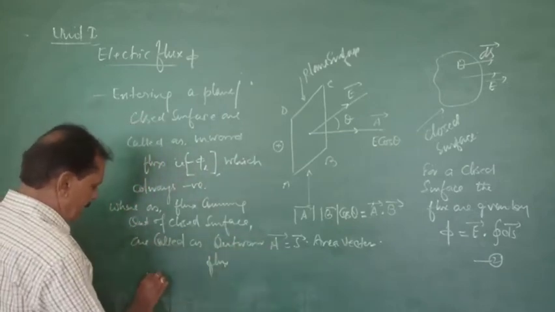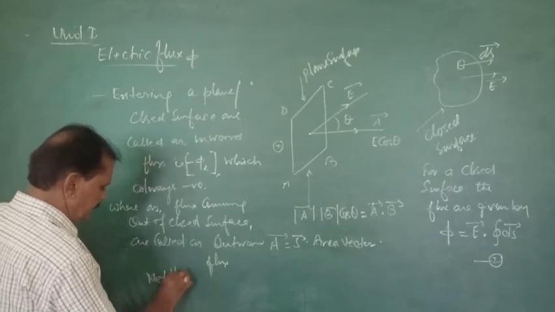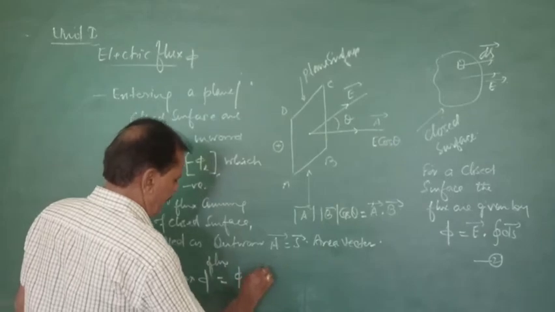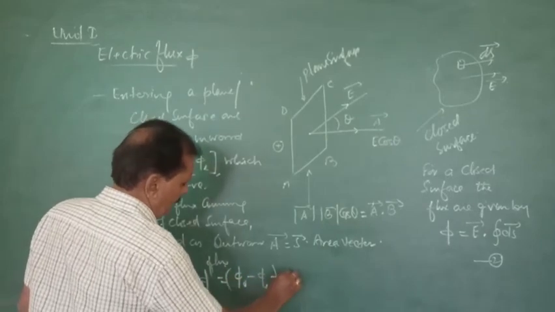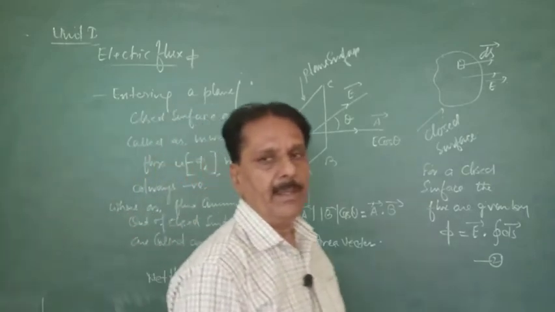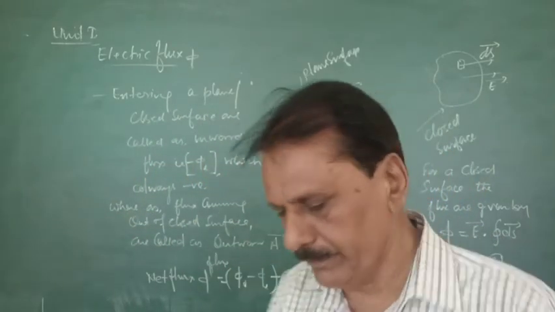Hence net flux is phi O minus phi I. This is the third relation of electric flux.